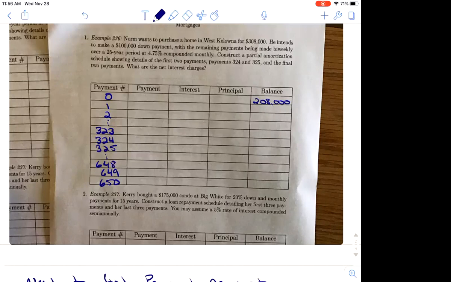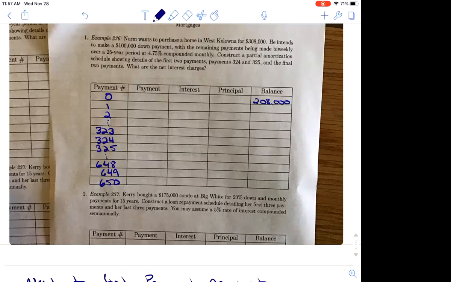How do you think we're going to find this balance? If we said, okay, well, the balance after 650 payments had to be 0, right? That's when we're done. But this at 323 must be the future value after 323 payments, right?